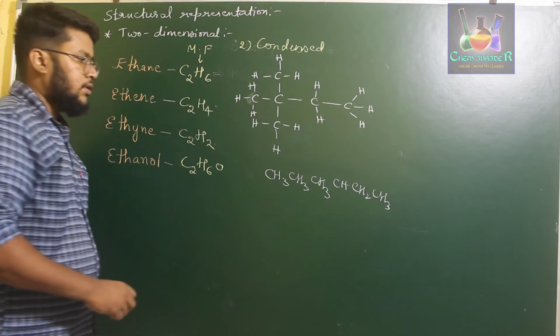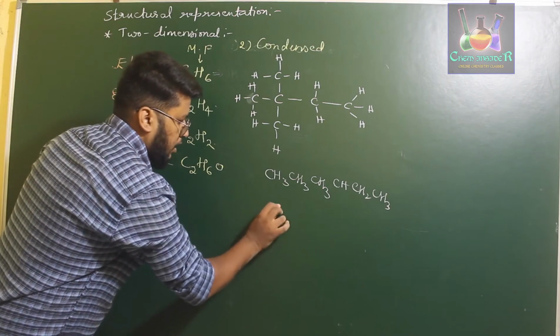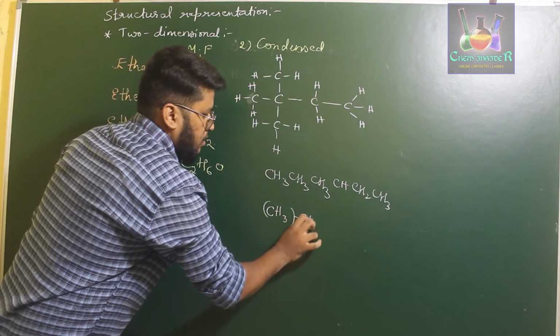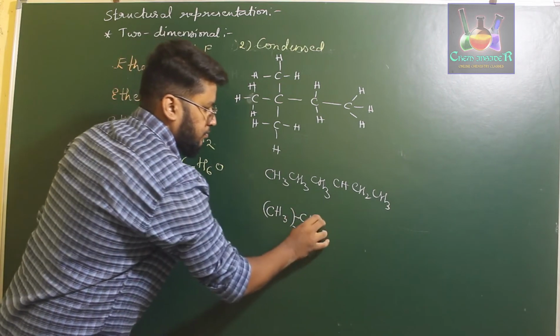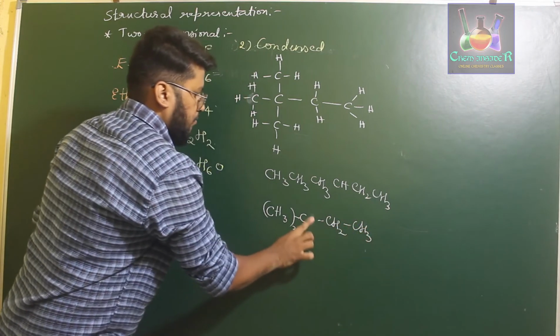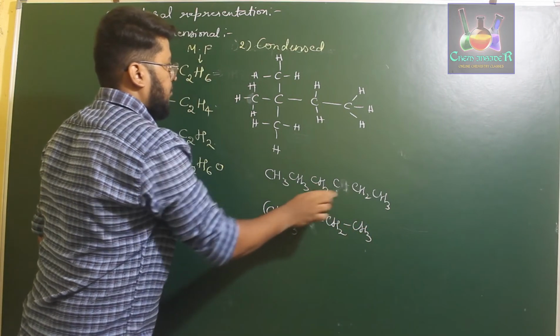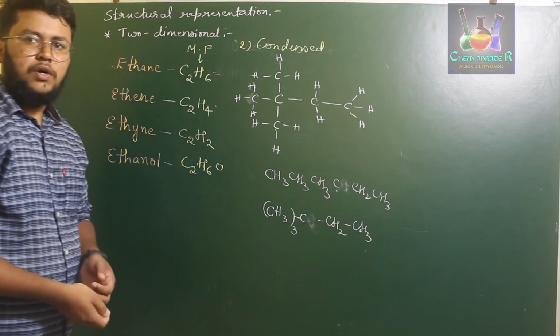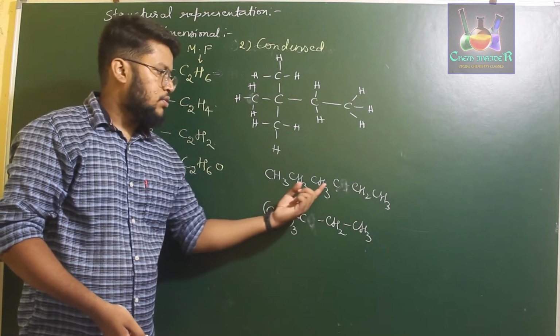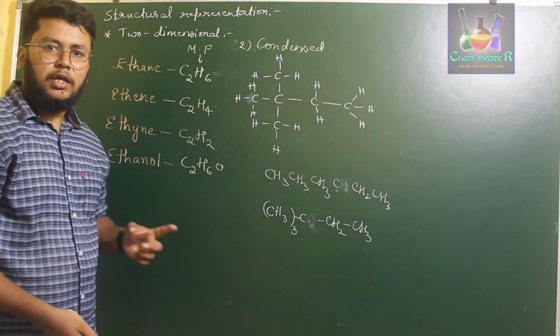So what you have to do in this particular case is write it as CH3, 3 times, CH, CH2, CH3. Okay, so this is how you represent multiple similar groups attached to a particular carbon atom in the condensed form.